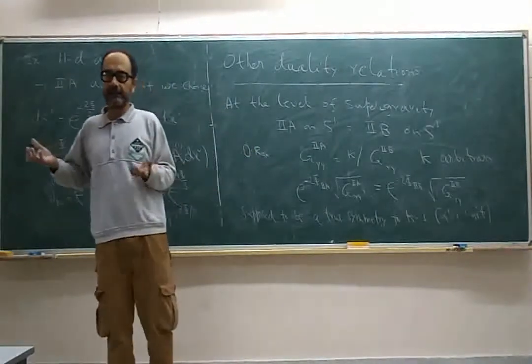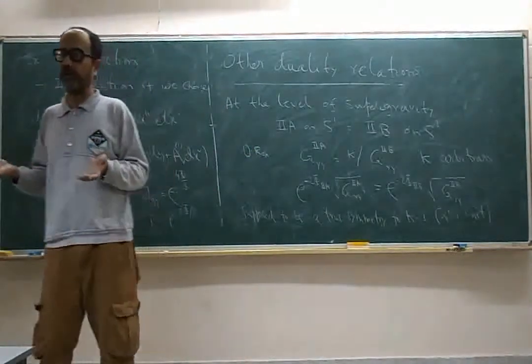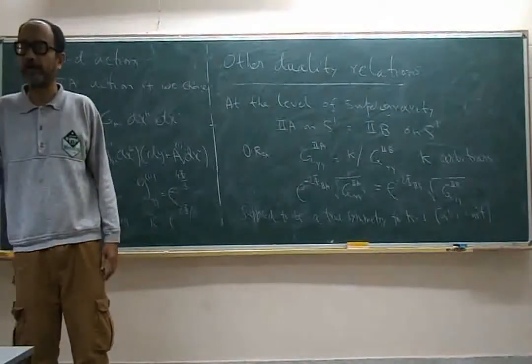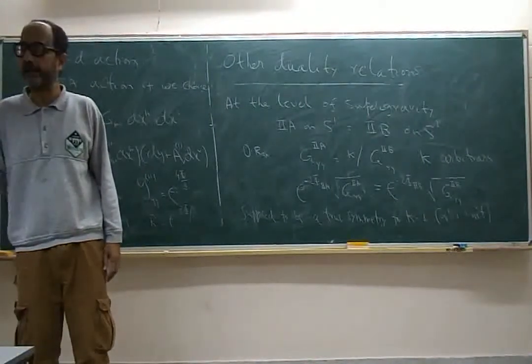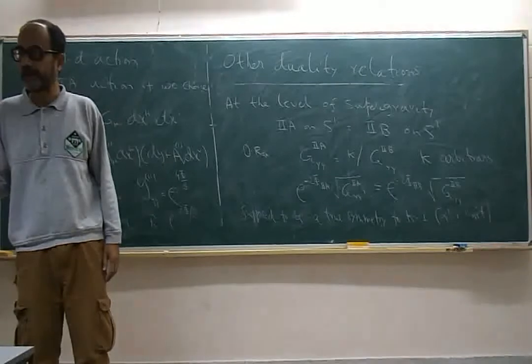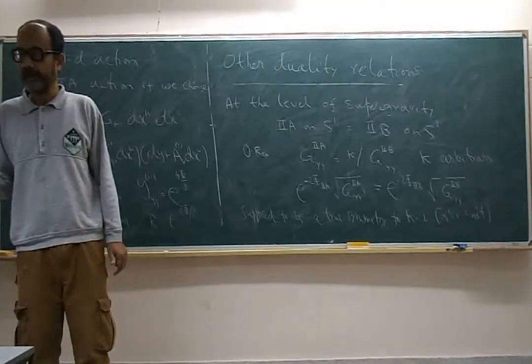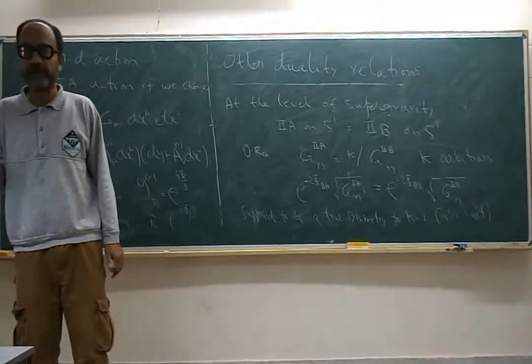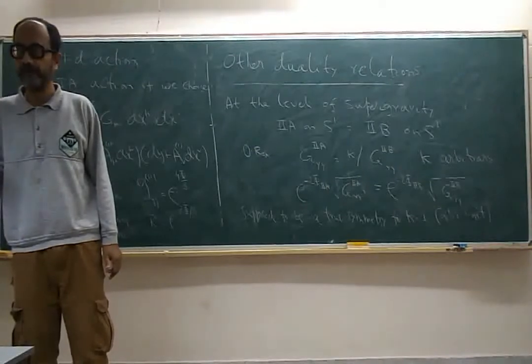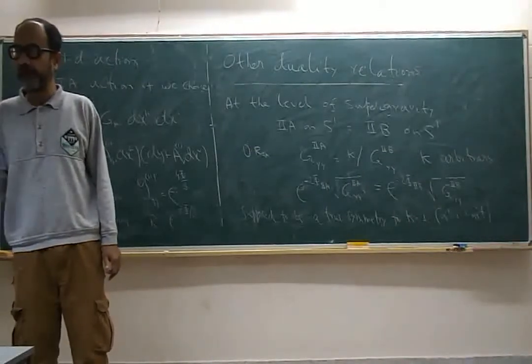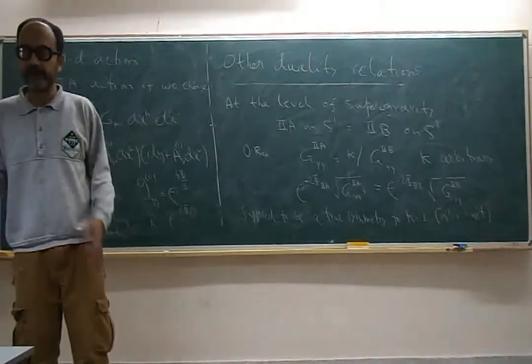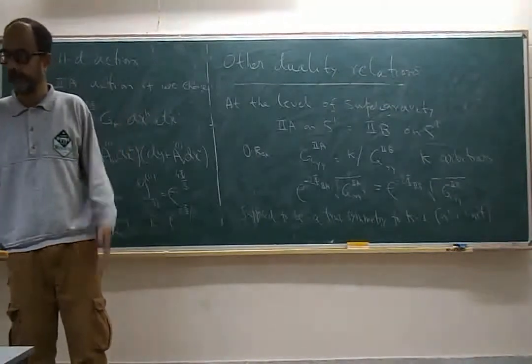If your usual notion of geometry holds, then if the circle size becomes smaller and smaller, the theory should look more and more like an 8-dimensional theory or 8 plus 1 dimensional theory. It happens here up to the point when the circle size goes to square root of alpha prime. But beyond that, it effectively becomes larger and larger dimension.